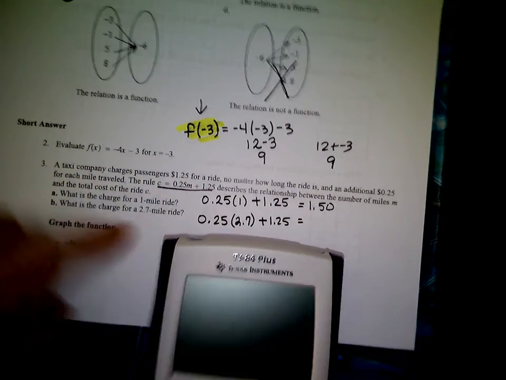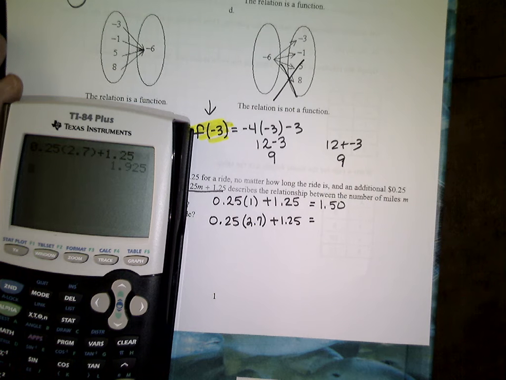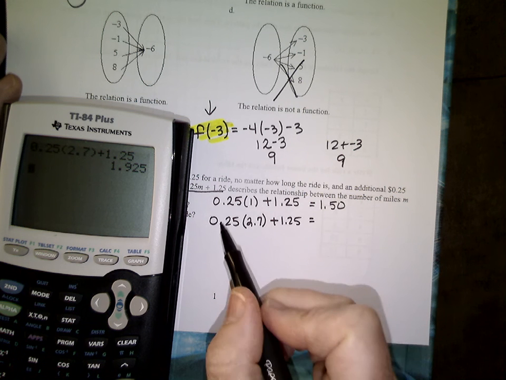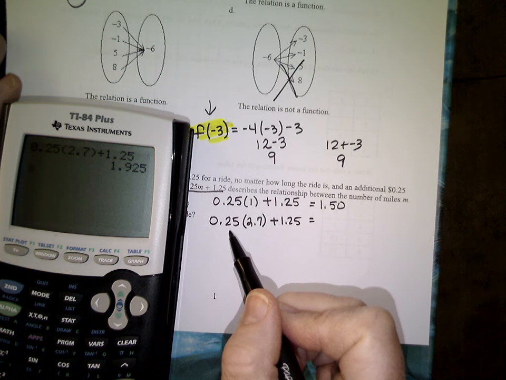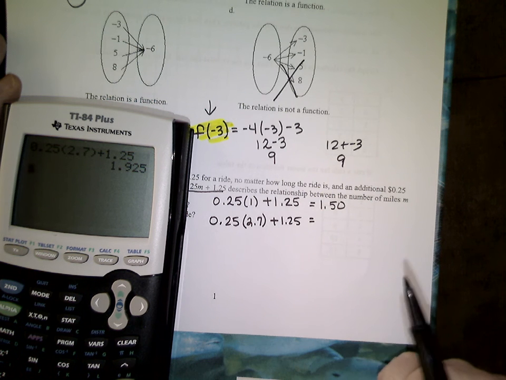And you can just enter that. Not if you use the multiplication button. No, I don't. I use them because it's got that 0.25, that decimal, because it's money. But you could write it with a multiplication symbol.